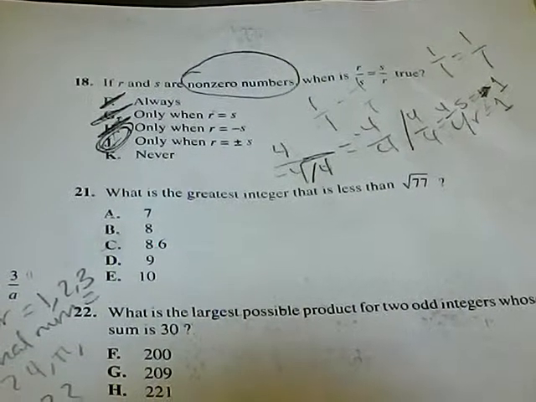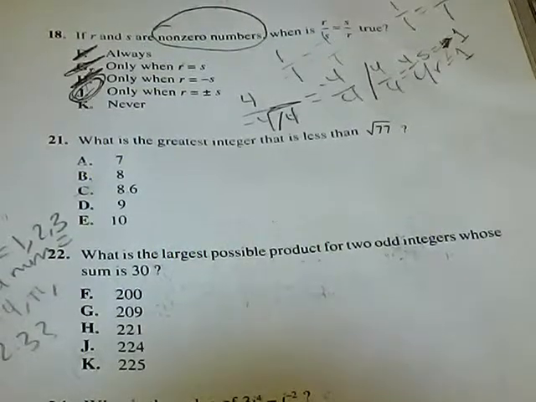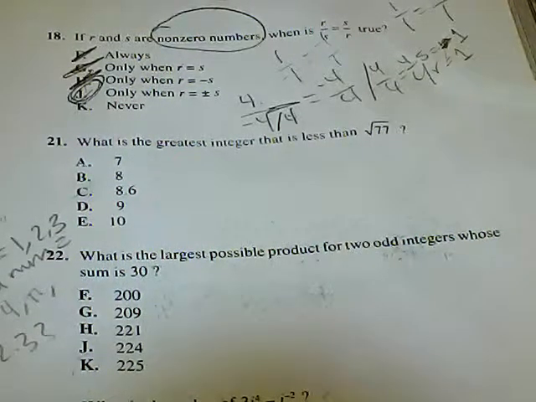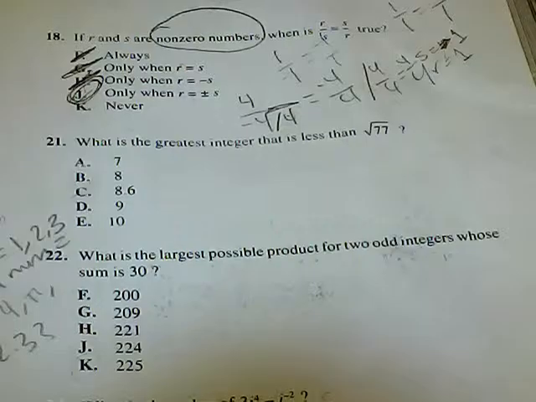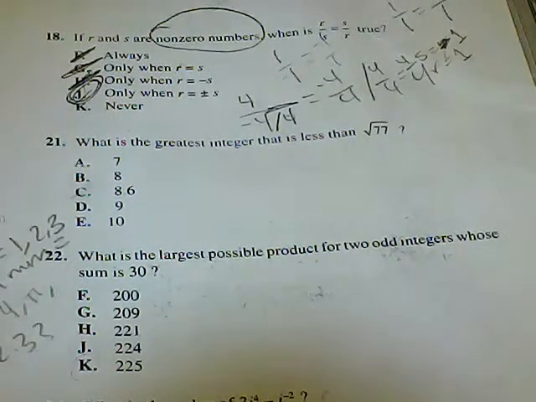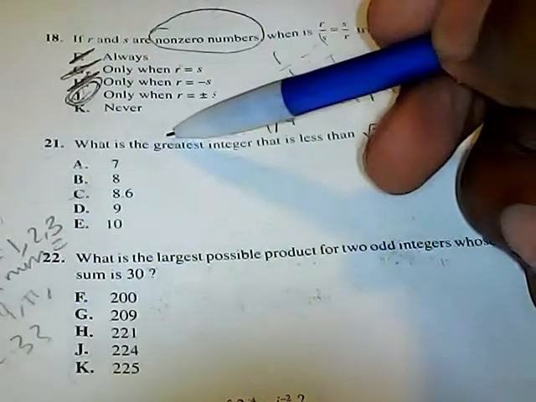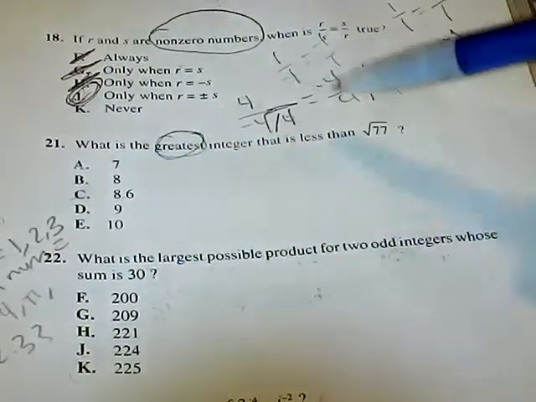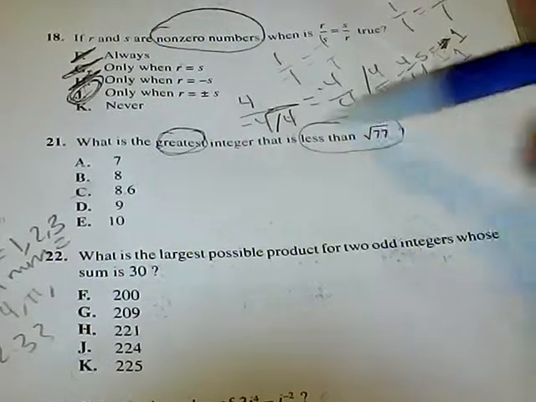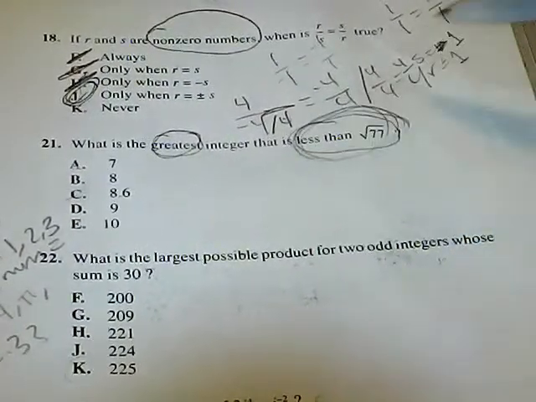So, next question. What is the greatest integer that is less than root 77? This is a fairly straightforward question. No tricks to this one. The greatest integer, we're going to choose buzzword greatest integer, less than root 77.